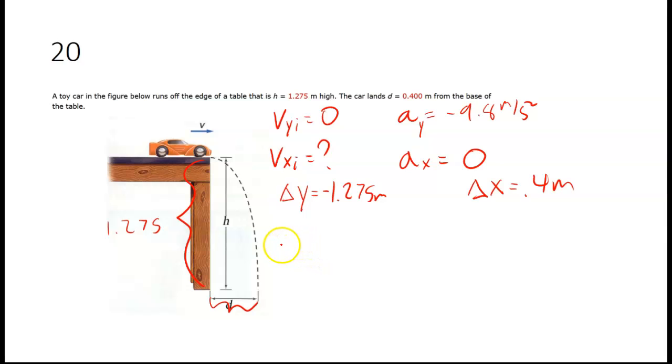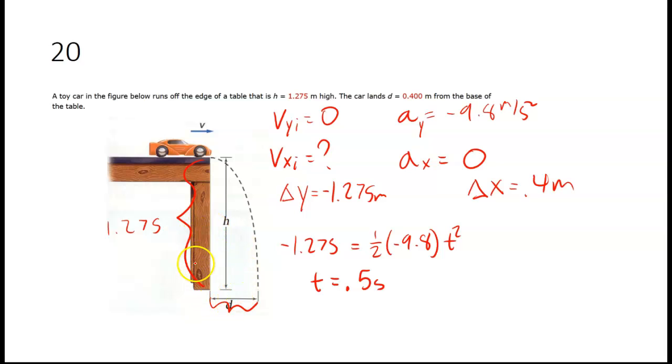And I can say negative 1.275 is equal to, initial vertical velocity is 0, so I just end up with 1/2 times negative 9.8 times t squared. Rearranging this is going to yield us with time is about 0.5 seconds.